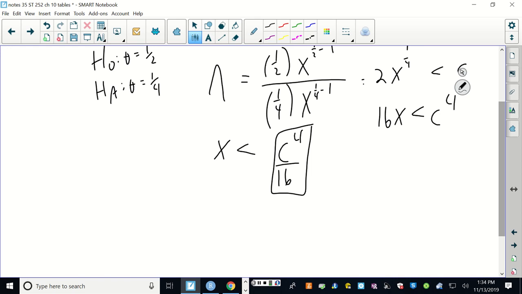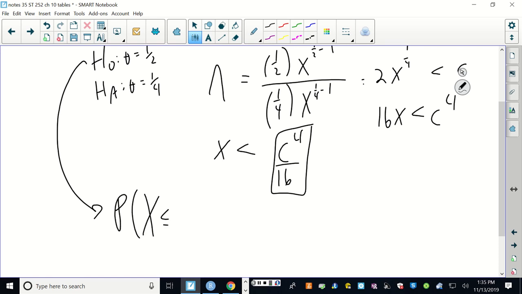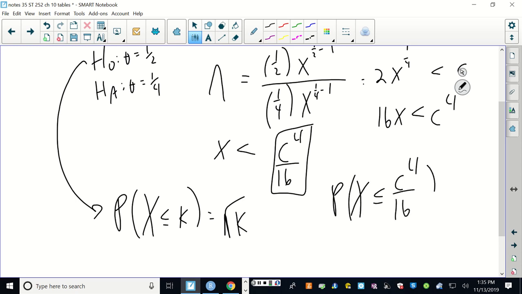Under H0, the probability that our random variable is less than or equal to some cutoff k is just the square root of that number. We want the probability that x is less than or equal to c to the 4th over 16 to be 5%, because if the null hypothesis is true, we don't want to be less than that cutoff more than 5% of the time.